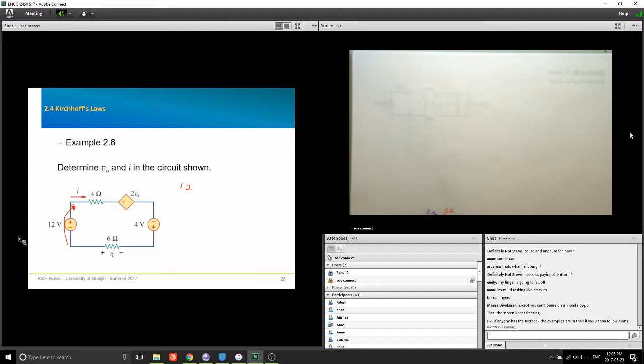And then here, they're not giving me any polarity, so I am going to assume the polarity. I'm going to put it like that: plus, minus. I'm going to call that V1. So here, this is a drop, right? As I'm going in this direction now, I'm getting a voltage drop. So I'm going to put the drop on this side.